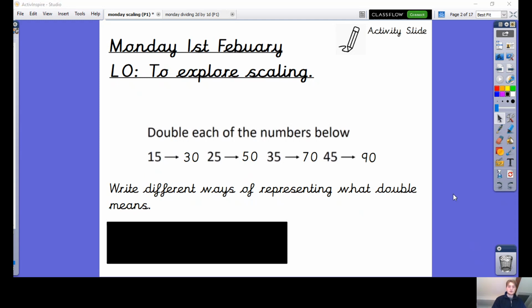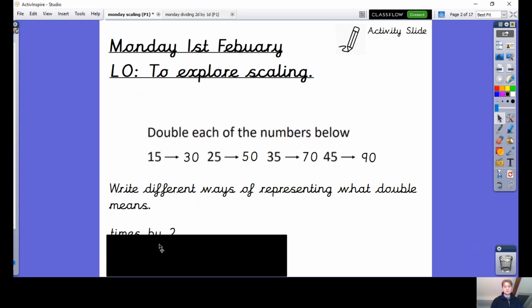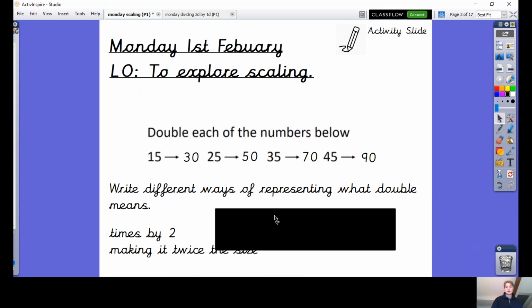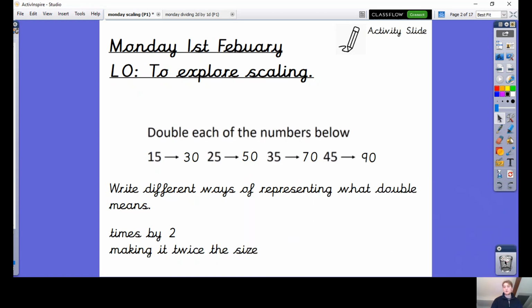So the second bit I told you to do was write different ways of representing what double means. Okay, and we know firstly that double means timesing by 2, doesn't it? So that's another way that we understand what doubling means. And another way that we could understand what doubling means is that doubling is making the number twice the size.